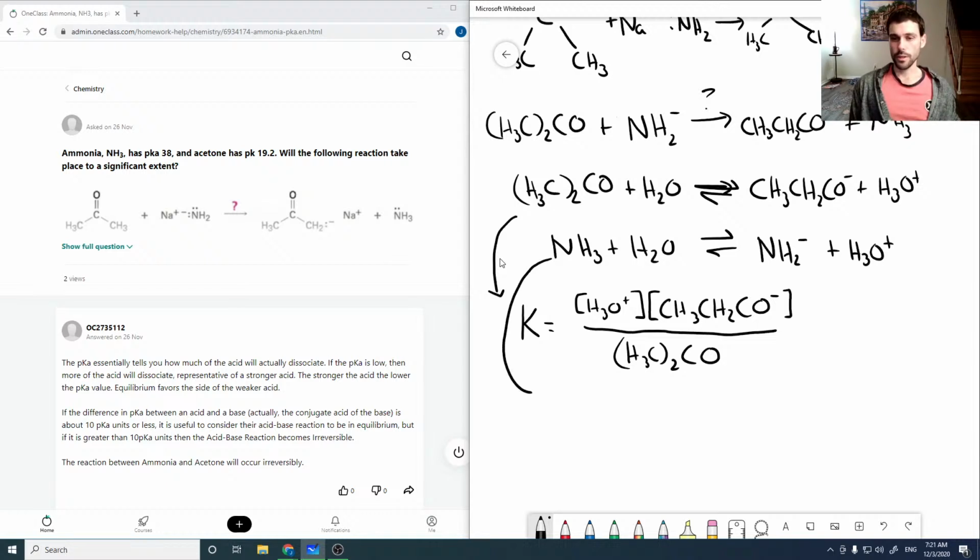And our K expression here, I shouldn't do that. So I'm just going to leave this like this, and I'm just going to say, so that's for acetone.